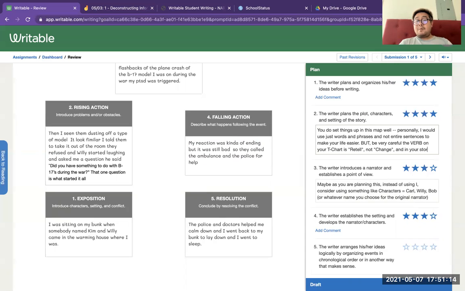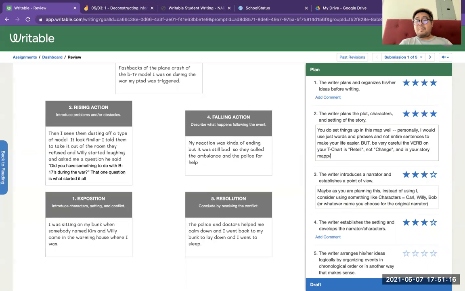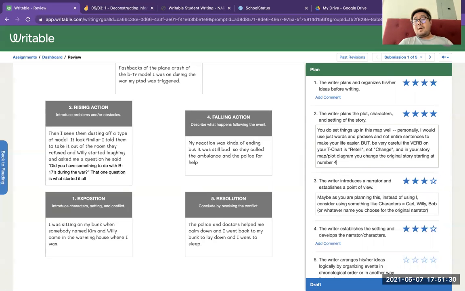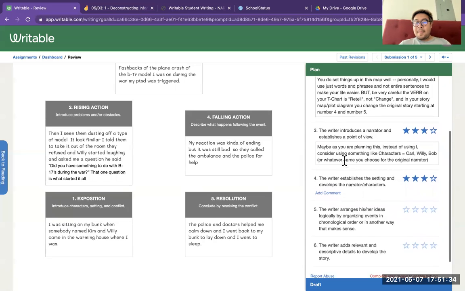And in your story map, plot diagram, you changed the original story starting at number 4 and number 5. All right, so you would lose points for that.